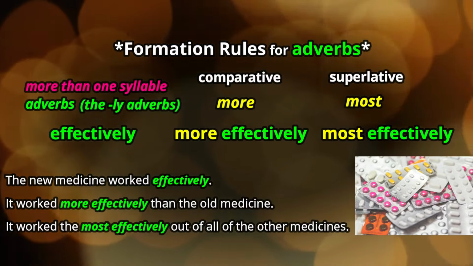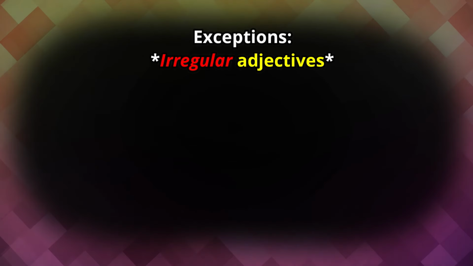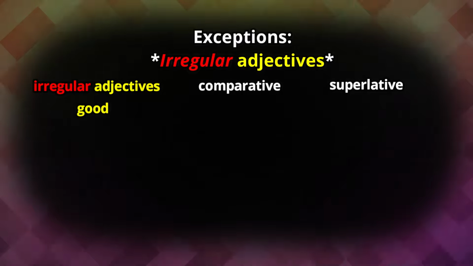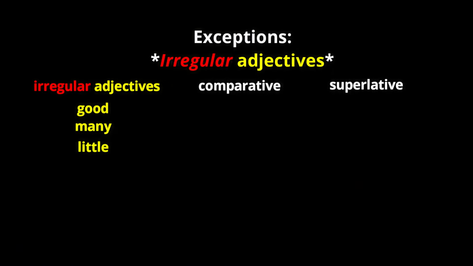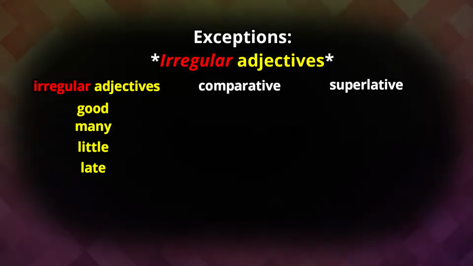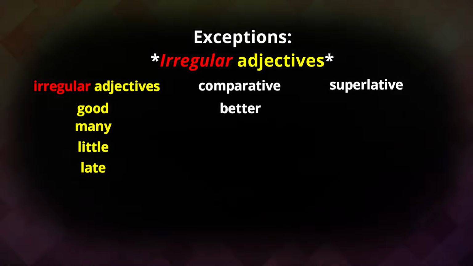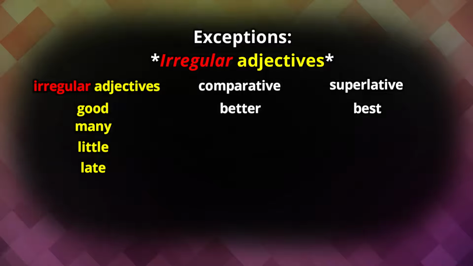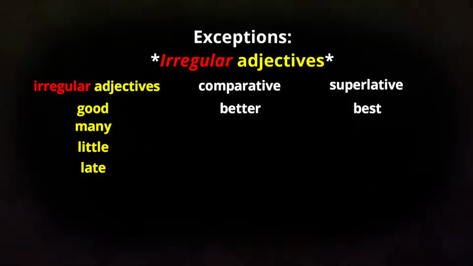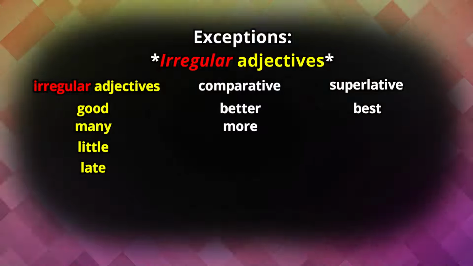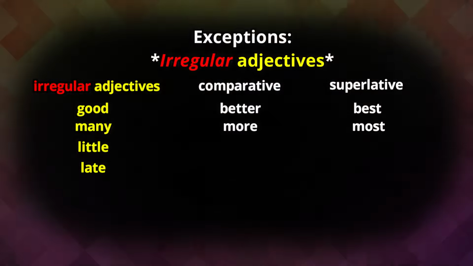All right, let's move on to the exceptions. And these are the irregular adjectives. For example, we have good, many, little, and late. And the comparatives, let's see, for good, we have better. Superlative is best. Many, comparative is more, with the superlative being most.